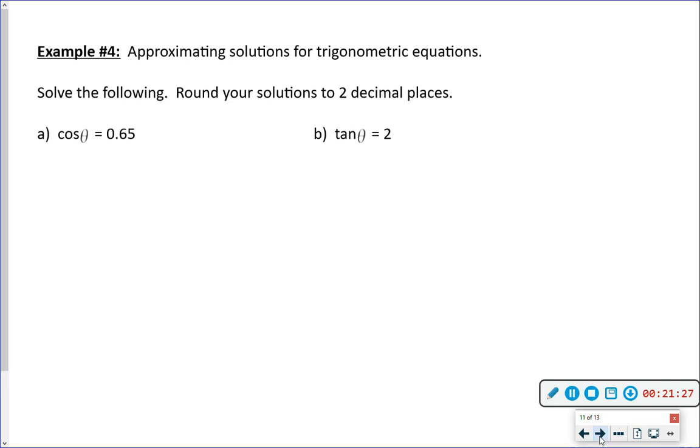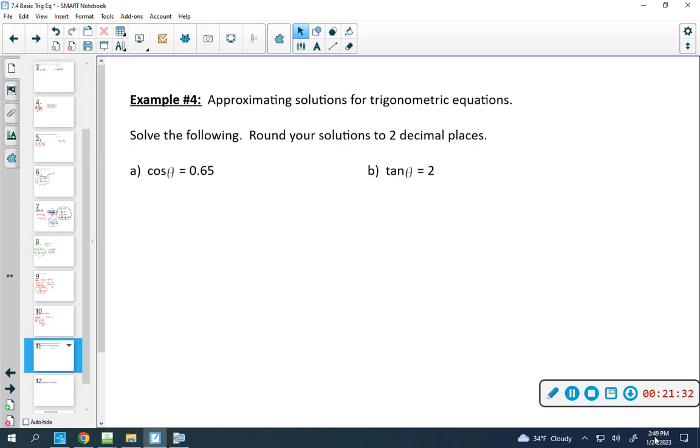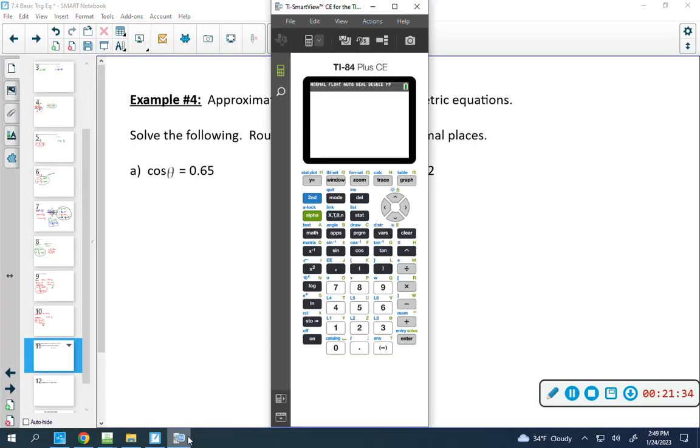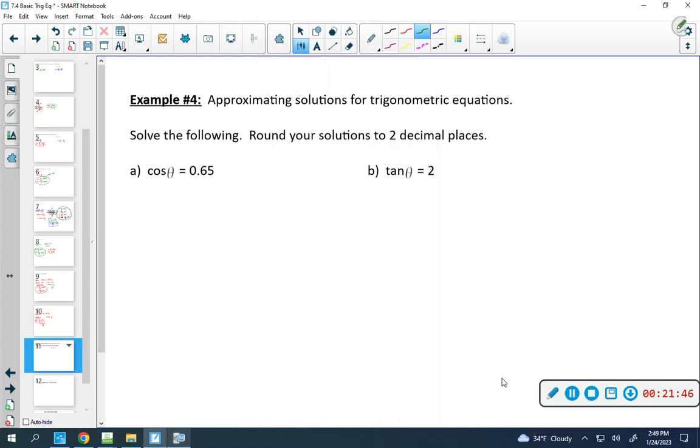You can use your calculator, of course. Solve the following rounded to decimal places. So I'm going to pull up my calculator. We need our mode on radians because it doesn't say, so we assume radians. Now, from your glory days of geometry, do you remember what to hit in your calculator to get an angle?